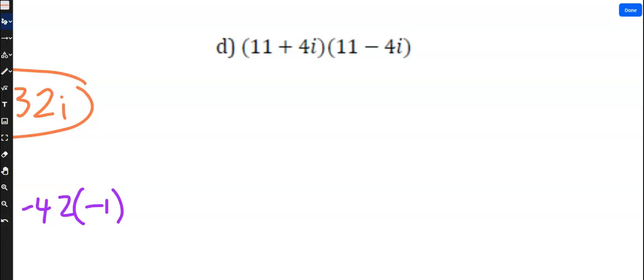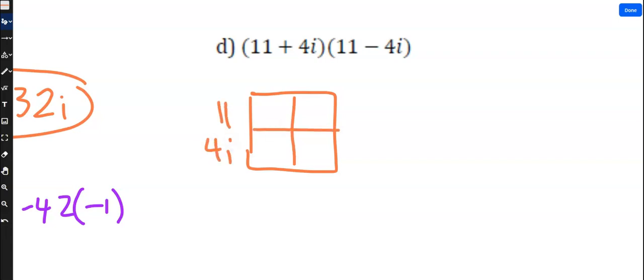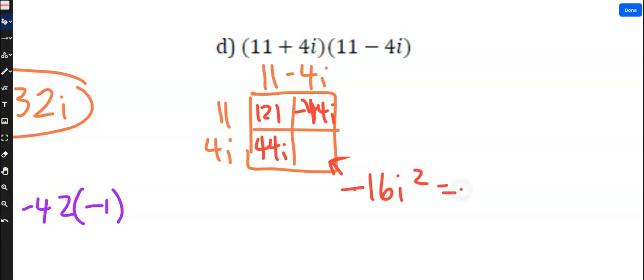Okay, on D. 11 minus 4i times 11 plus 4i. And let's see here. We got 121 minus 44i plus 44i and a minus 16i squared, which is negative 16 times negative 1, or positive 16.